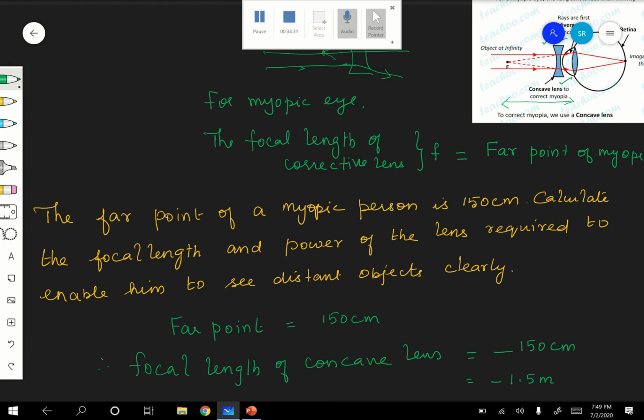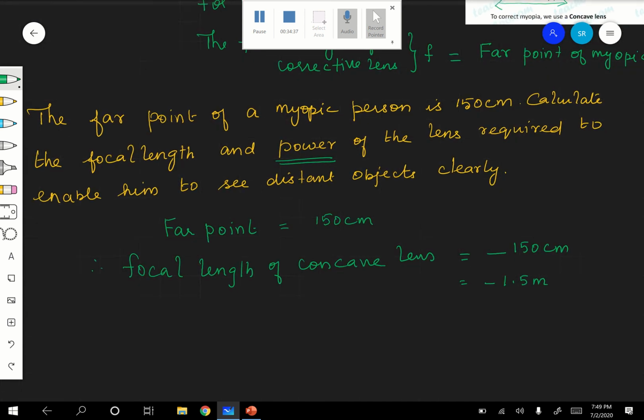Now, once you know the focal length of the concave lens, you are also asked what is the power of the lens. Therefore, the power of the lens, which lens? Concave lens. Very important, every time I am insisting.